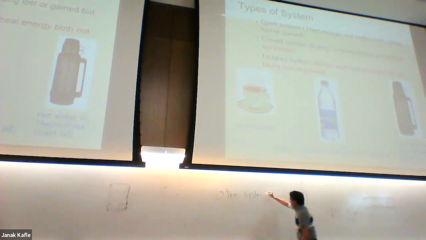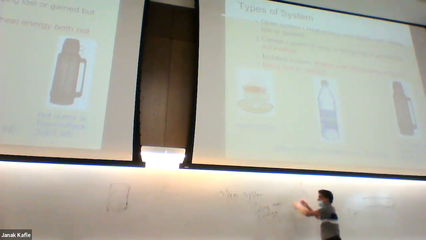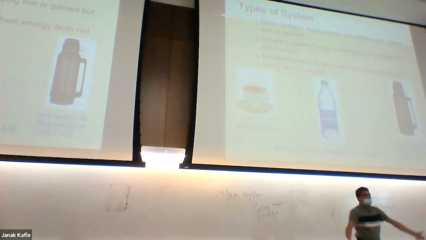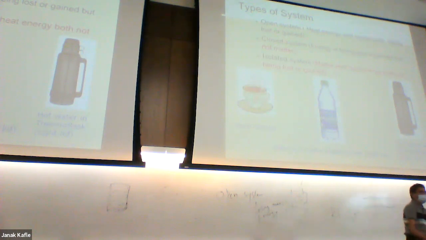So in an open system, we have something here, and it is losing some mass, and also it is losing energy. If something loses mass, it immediately loses energy. You really don't have to wonder whether, if mass is being lost, energy is being lost or not. Definitely, if mass is being lost, mass is the energy.